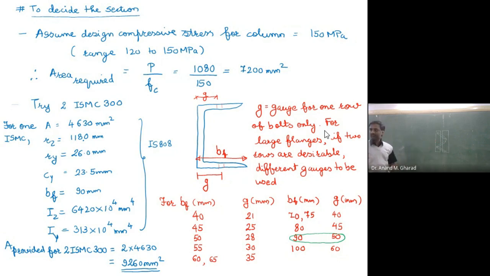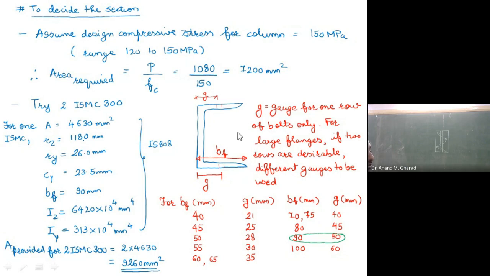In case there are more bolts, then this G value will vary. As per your steel table or IS 808, the meaning of this G is the gauge. This is actually the distance. Gauge for one row of bolt only.